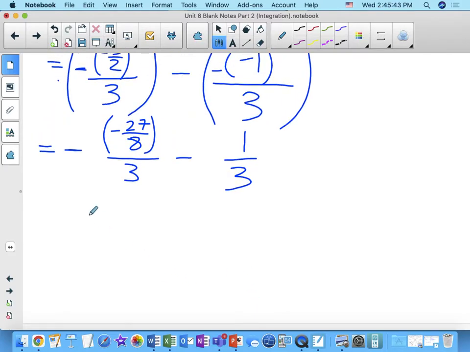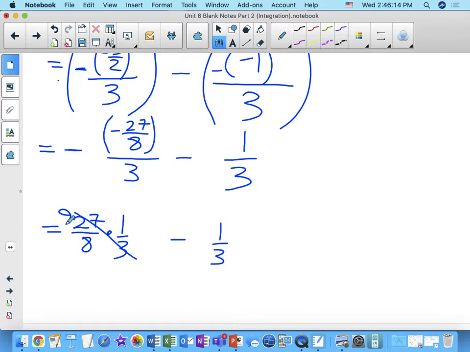All right, so what have we got here? Negative, negative makes positive. Okay, so 27 over 8 divided by 3 over 1, multiplied by the reciprocal, times 1/3, minus 1/3. Nice, the 27 and the 3. 27 divided by 3 is 9.